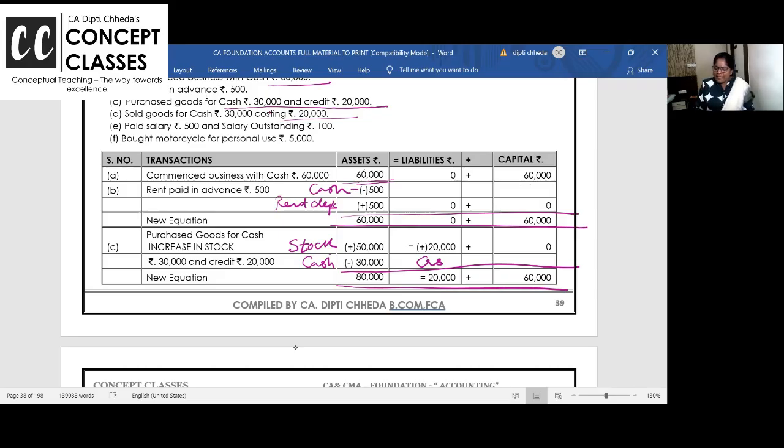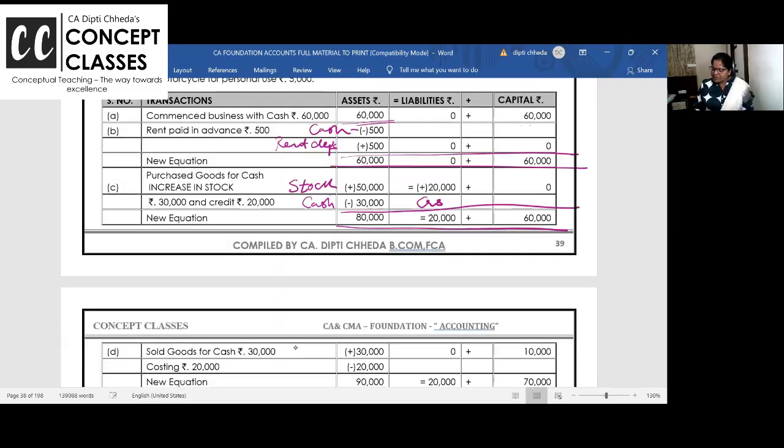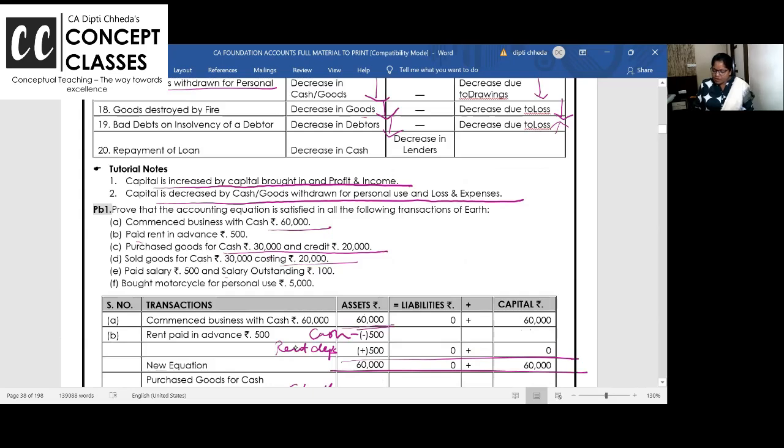Now, paid salary 500, outstanding 100. Right? Achha, did I skip something? Yeah, sorry, D1. Sold goods for cash 30,000, costing 20,000. So 20,000 goods you have sold for 30,000.